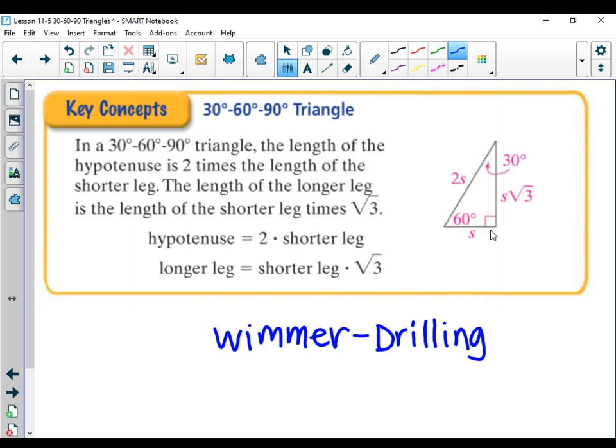So I could have named my boys Dane Wimmer Drilling, but that sounded like a mouthful. My aunt and uncle hyphenated their names. My mom's last name is Way, and hers is like Pierre or something, so they put Pierre Way. Oh, I love that. Just combine the two, huh?